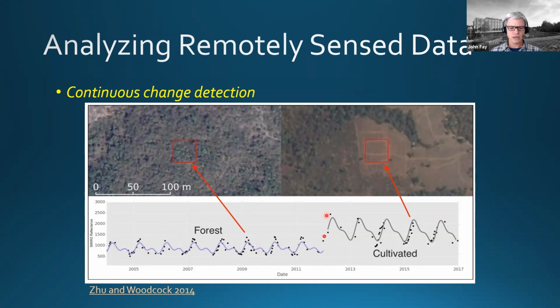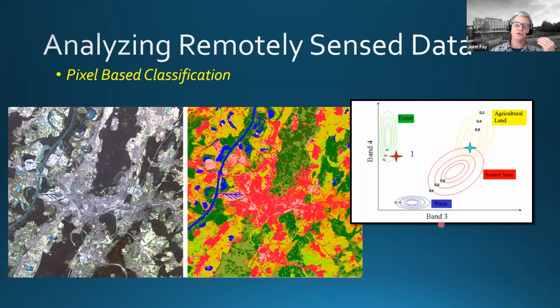All of a sudden, what's going on here? This is a little different. And then all of a sudden it's like, okay, something new is there. We're not getting the same pattern of reflectance over time. And that gives us an ability to look for change. Like, oh, I guess the forest has now been cut down and has now been cultivated. So, change detection.